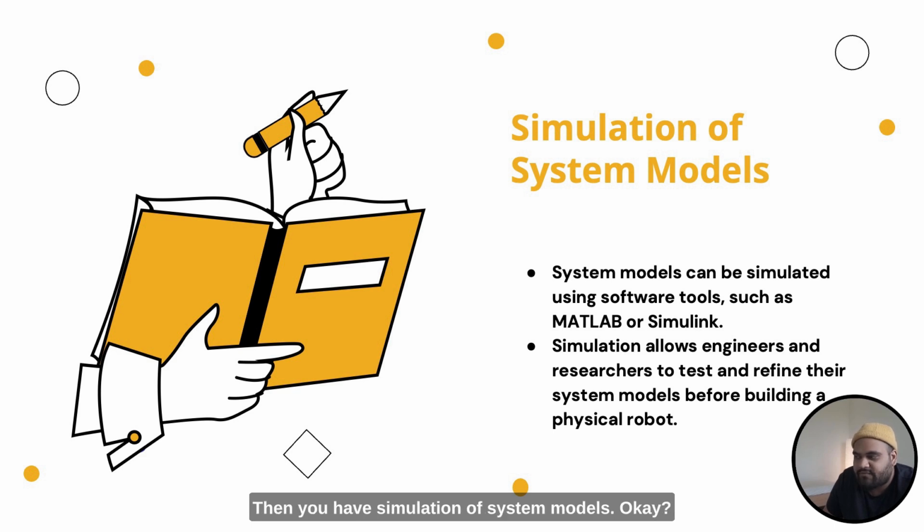Then you have simulation of system models. This means that you are going to model and simulate different models using tools such as MATLAB or Simulink, so that the software allows you to look at these things in a much easier and more realistic way. It allows you to change those parameters dynamically when you're adjusting the system.